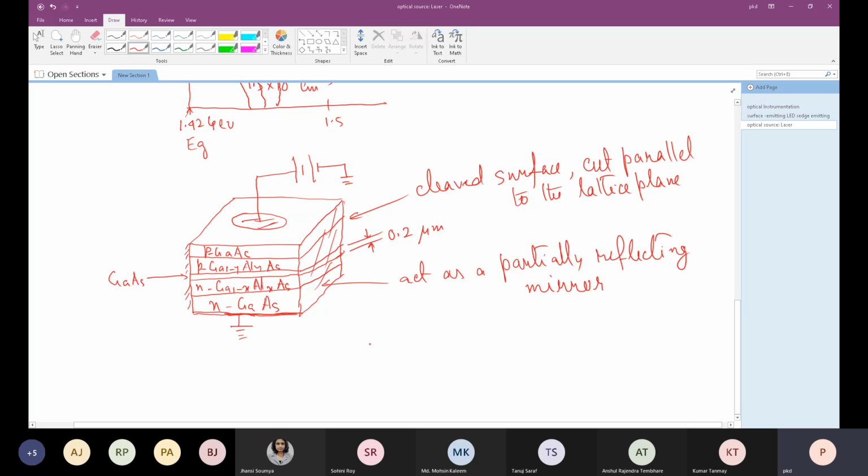There is a refractive index difference between the GaAs and the gallium aluminium arsenide, or aluminium gallium arsenide, whatever we call it, which guides the radiation.